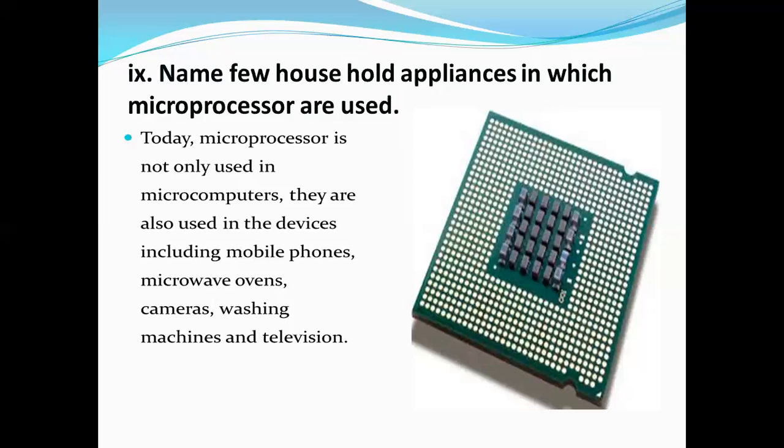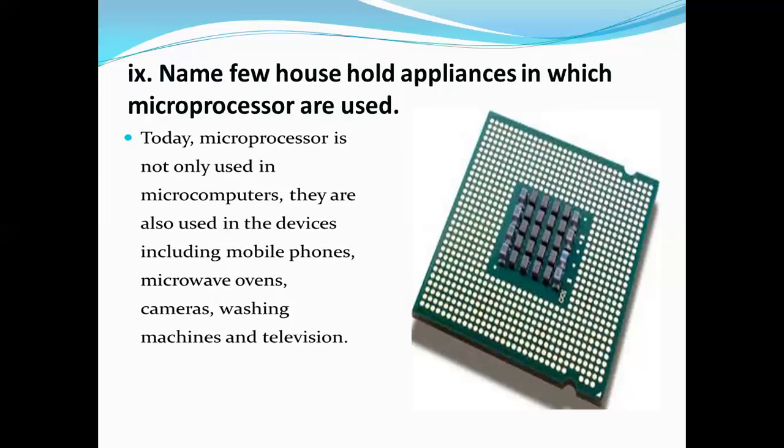If you have knowledge of CRT and LCD monitors, you can do this question very easily. Question number 5 was, what will happen if storage devices are removed from the computer? Meaning, if I remove the hard disk from my computer, what will happen to the computer?